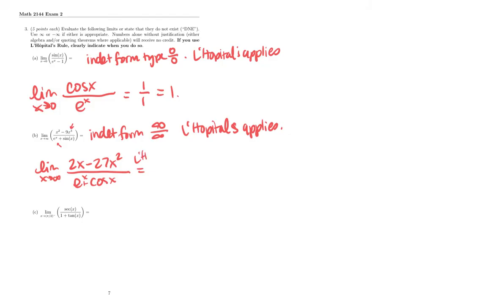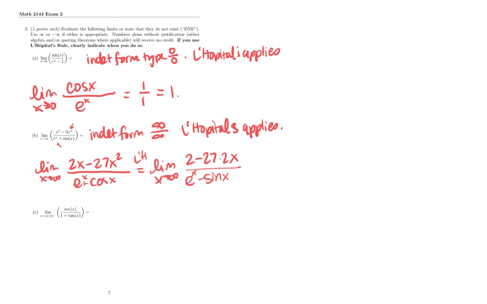And I get the limit as x goes to infinity of 2 minus 27 times 2x, over, and the derivative of the bottom will be e to the x minus sine x.